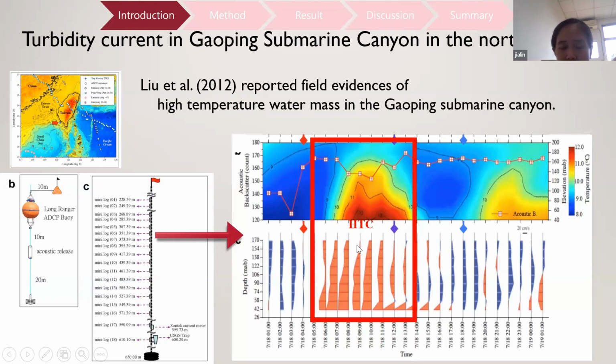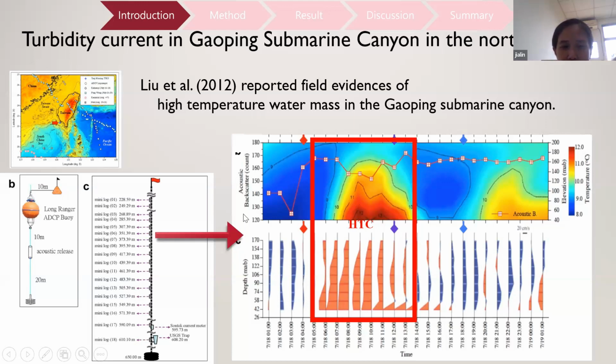And the ADCP signal also shows that the direction of the velocity is more like unidirectional going seaward. If you look at other times when the typhoon discharge is slightly weaker, the velocity observed by ADCP can go shoreward or seaward. So the blue means shoreward and the red means seaward.